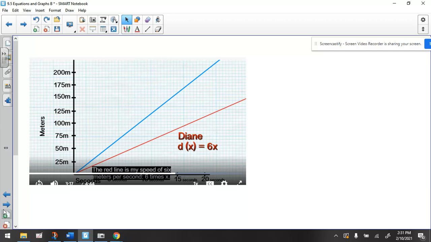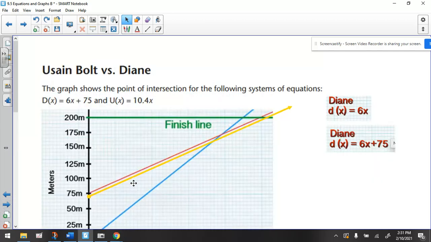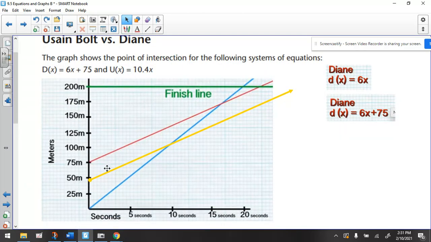So the question that she presents is, if she's going to give herself a head start, how much of a head start would she need in order to beat Usain? If we give her a 25-meter advantage, for example, you can see that about 5 seconds in, he's already passed her. If we give her a 50-meter advantage, then a little bit after 10 seconds, he's already passed her.